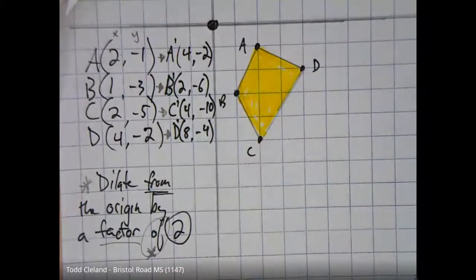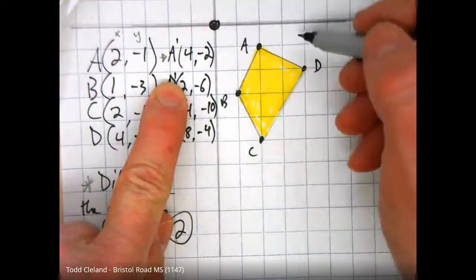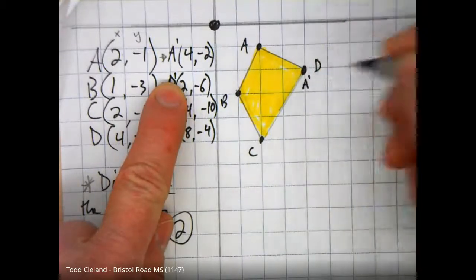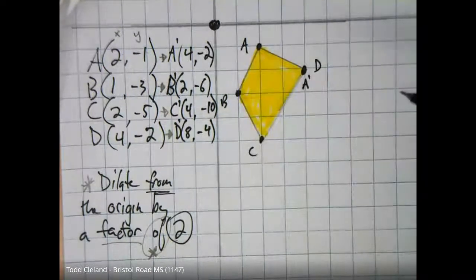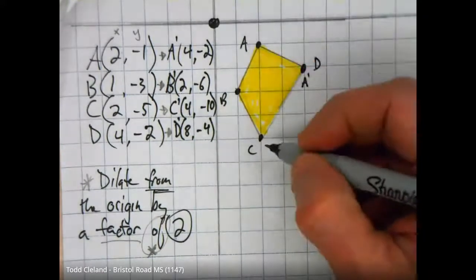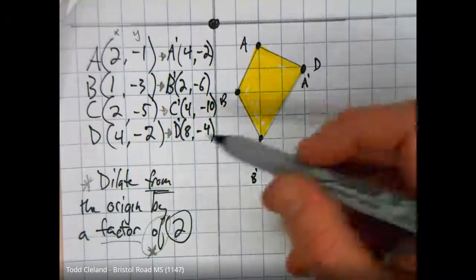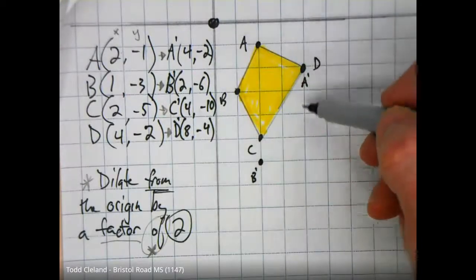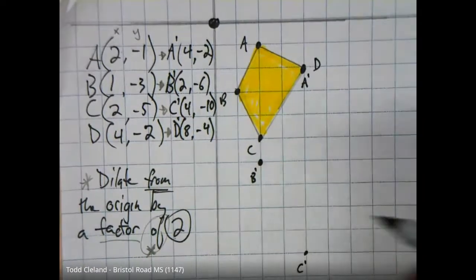Now that might change in our next example. So let's go ahead and plot these new ones. Oh, we got a double. When they double up like that, just move the label slightly and you can see that that's going to be in the same spot. Okay, and B. And C. I think that's C. D prime.